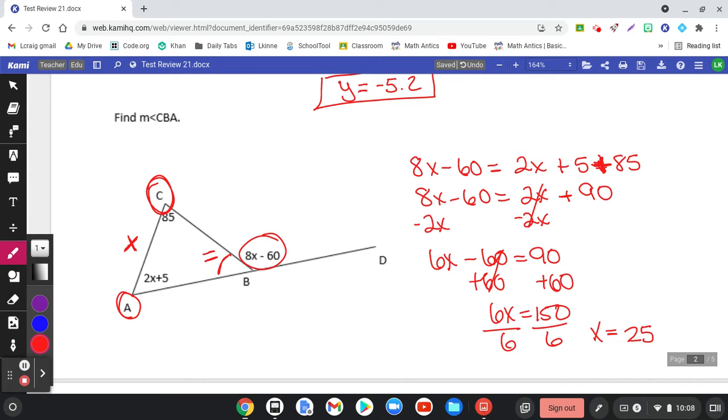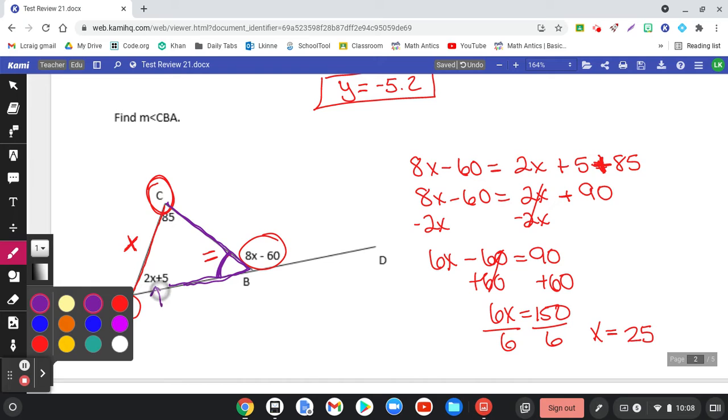Now, go where it tells you what to find, measure of CBA. So follow that path. Oops, one's the wrong way. I'll change the color. CBA. So the angle that traces out is what we're looking for. All right. Well, if we're looking for that one, we're going to need to figure out the other two.